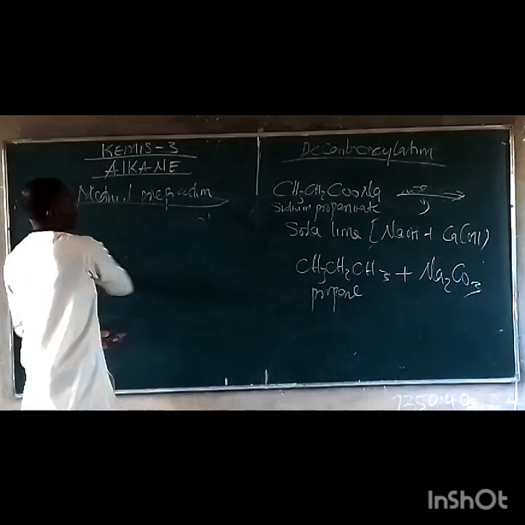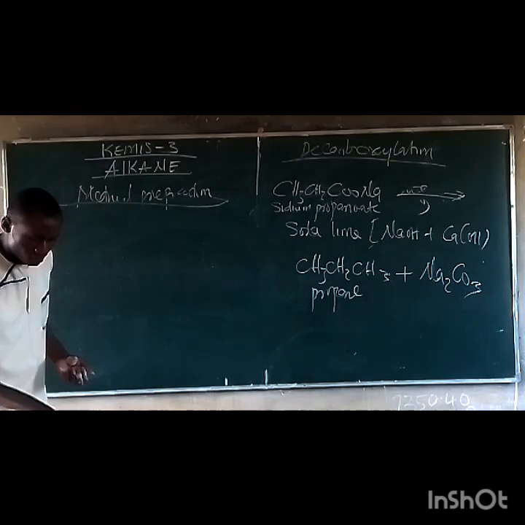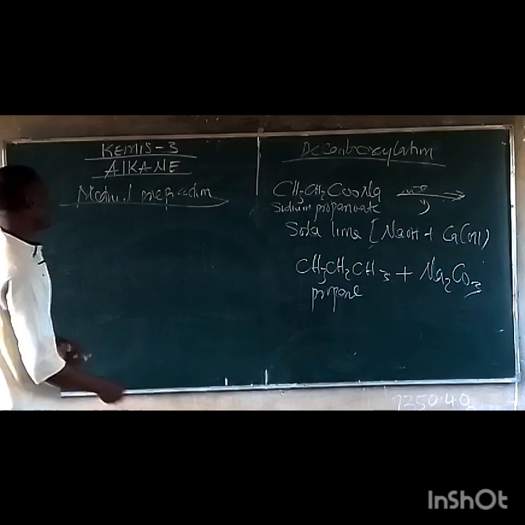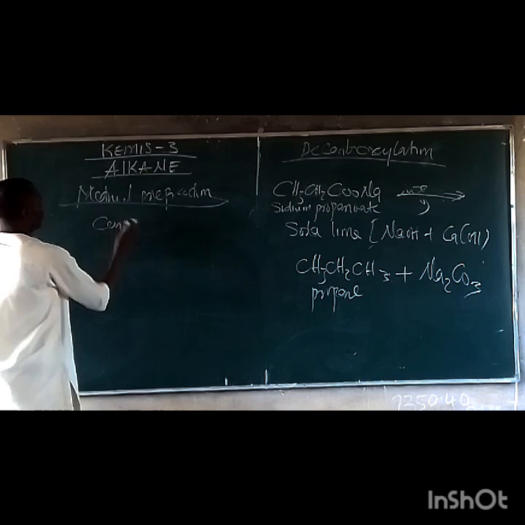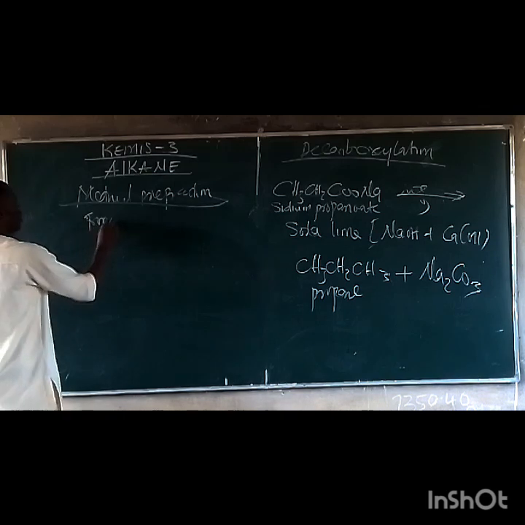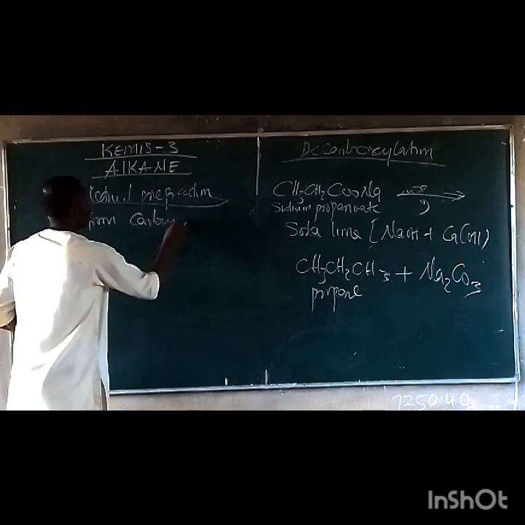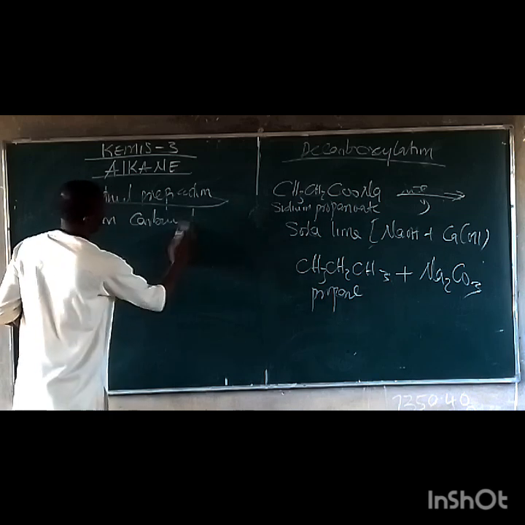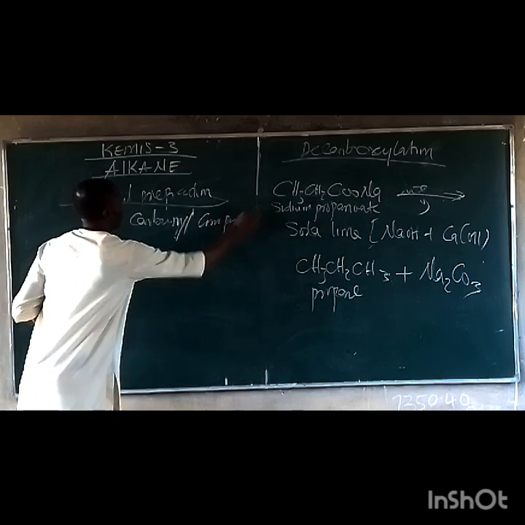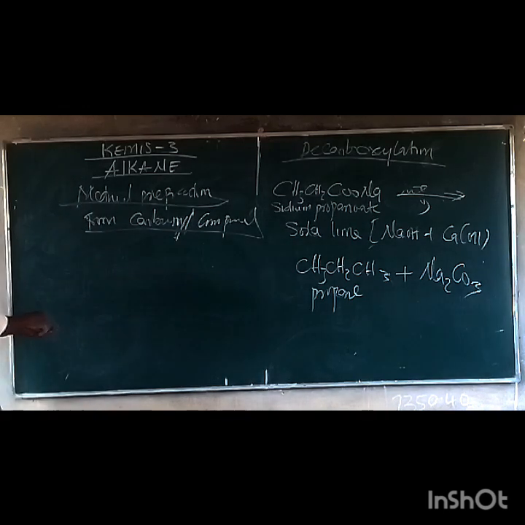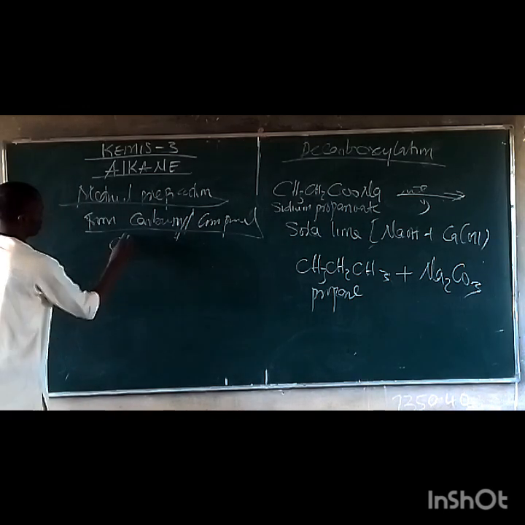Alright, let's go to the next method of formation of alkane, and I think that is from Clemmensen reduction, from carbonyl compound. Okay, from carbonyl compound, which is known as Clemmensen reduction.